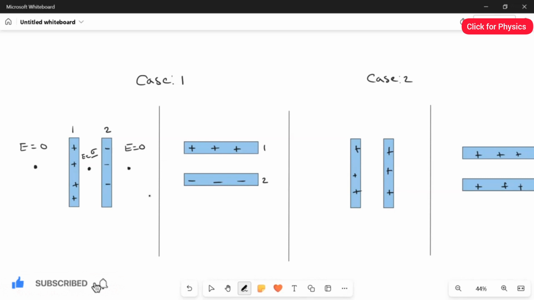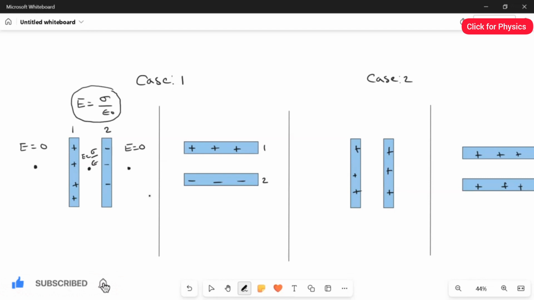But between the two sheets we get E equal to sigma over epsilon naught. So I can write the formula here: between the two plates E equals sigma over epsilon naught. This case is only applicable for two sheets carrying different charges. So on the left hand side of sheet 1 you get 0, on the right hand side of sheet 2 you get electric field 0, but at the midpoint you get E equal to sigma over epsilon naught.